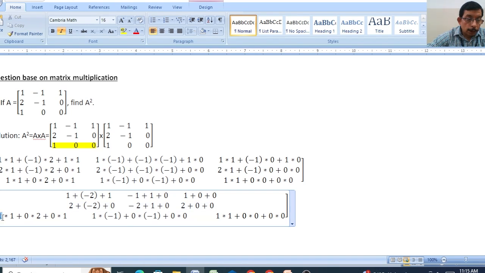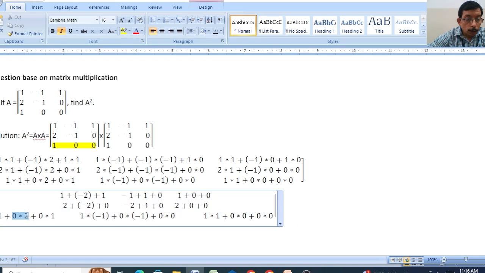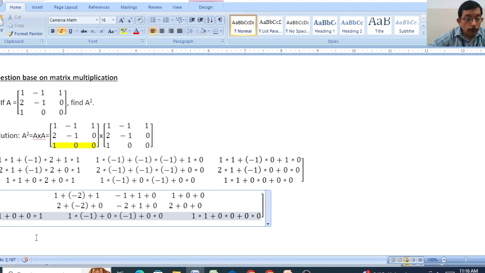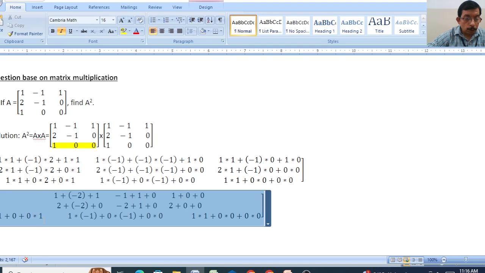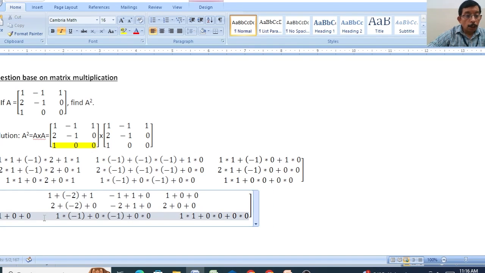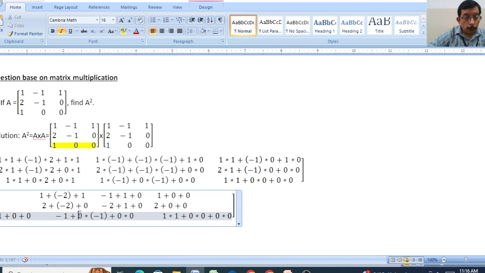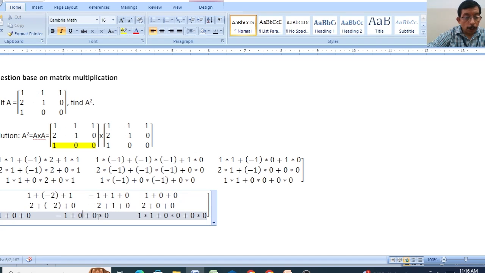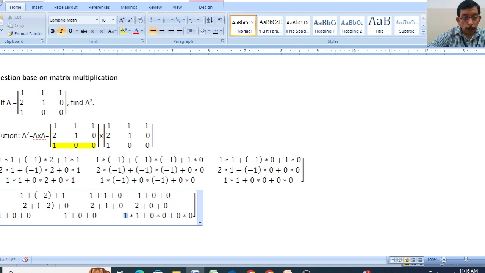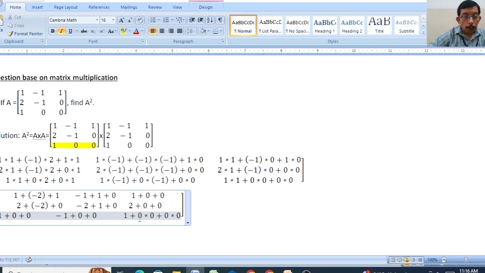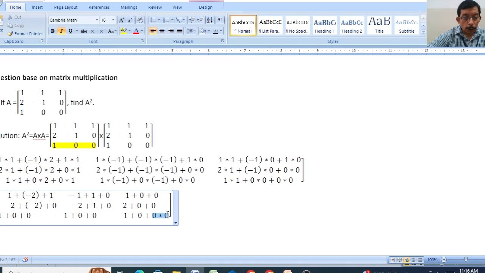1 into 1, 1, note down the same position. 0 into 2, 0. 0 into 1, 0. 1 into minus 1, minus 1. 0 into minus 1, 0. 0 into 0, 0. 1 into 1, 1. 0 into 0, 0. 0 into 0, 0.